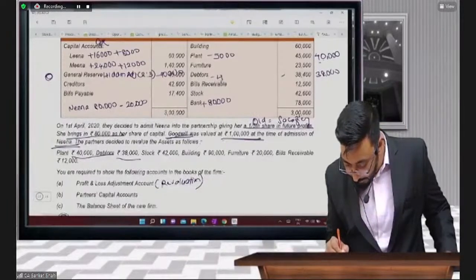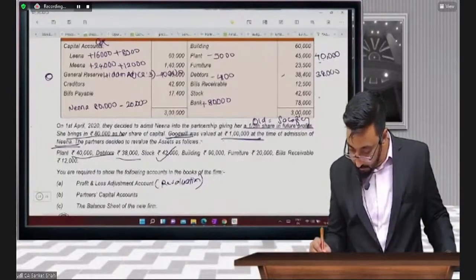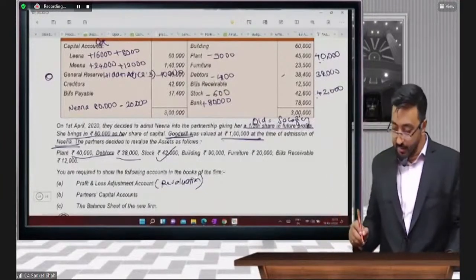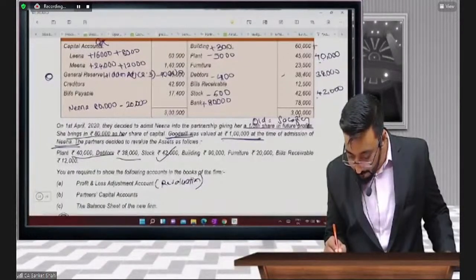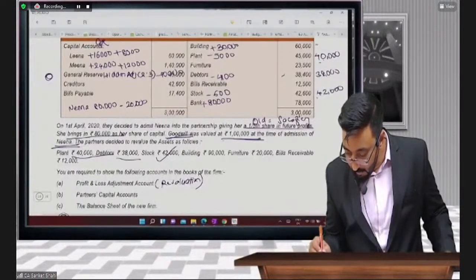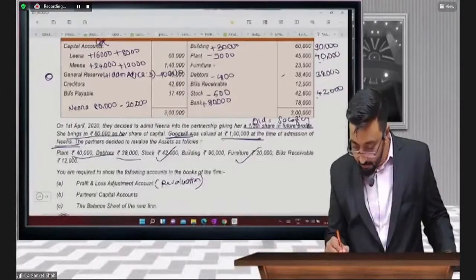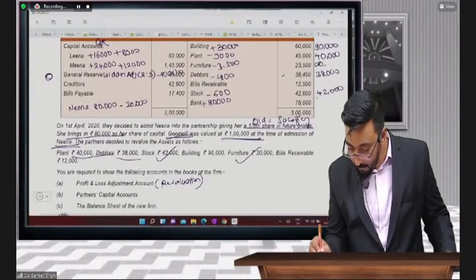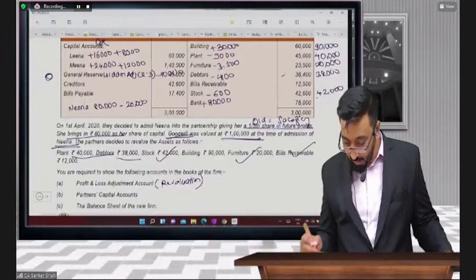Minus 400. Stock 42,000, minus 600. Building 90,000. Furniture 20,000. Bills receivable 12,000.